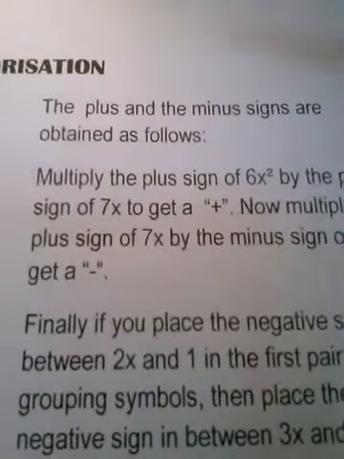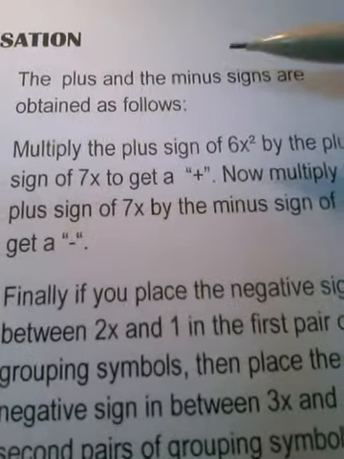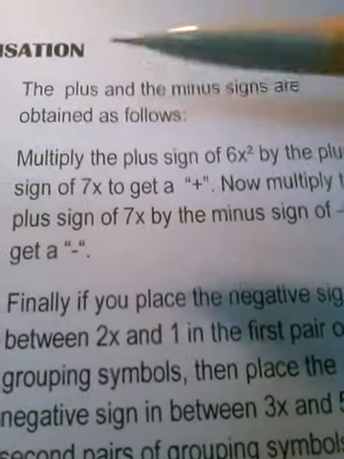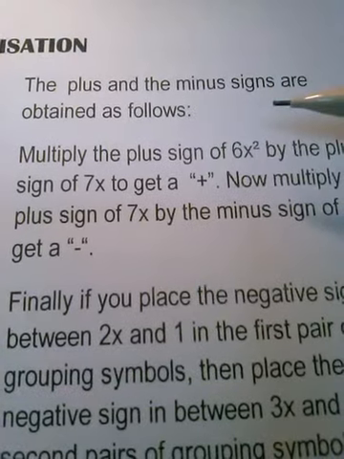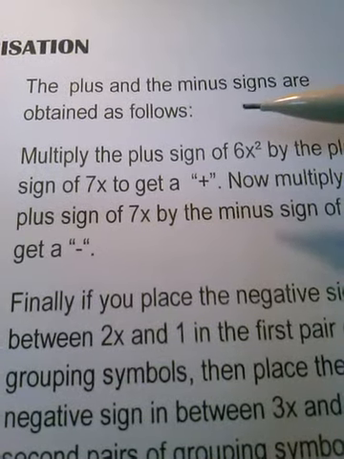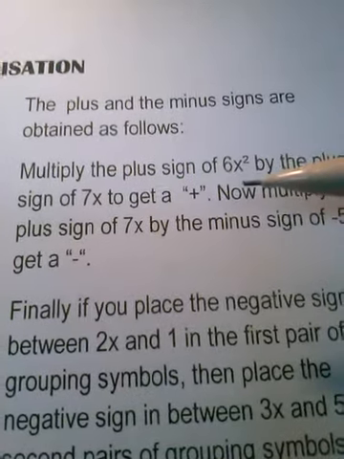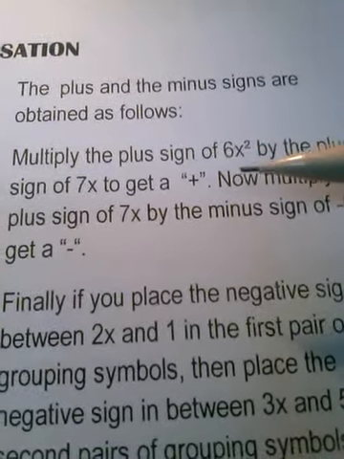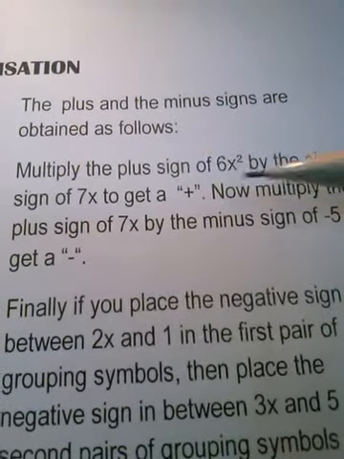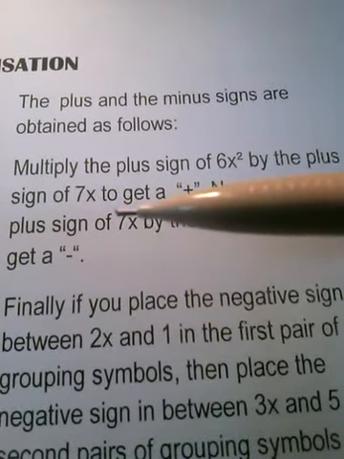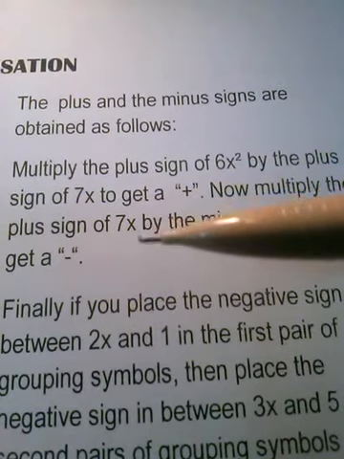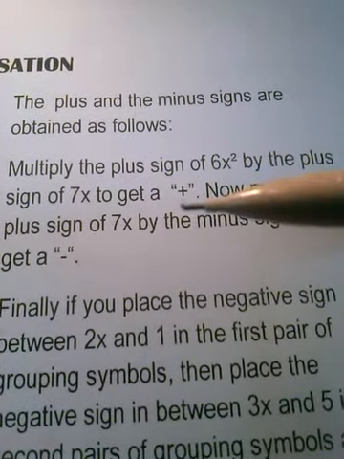Now, we can show this in more details. As we can see here, the plus and the minus signs are obtained as follows. Multiply the plus sign of 6x squared, which is invisible, by the plus sign of 7x to get a plus.